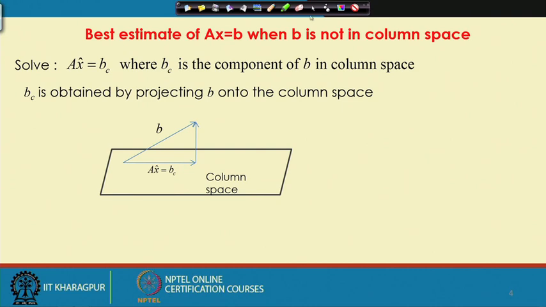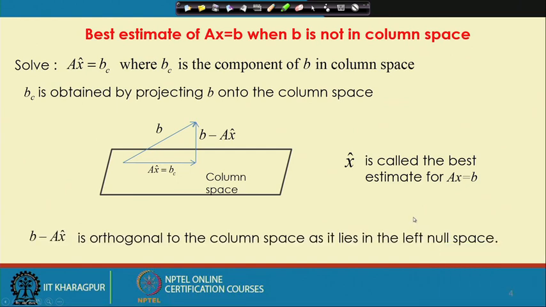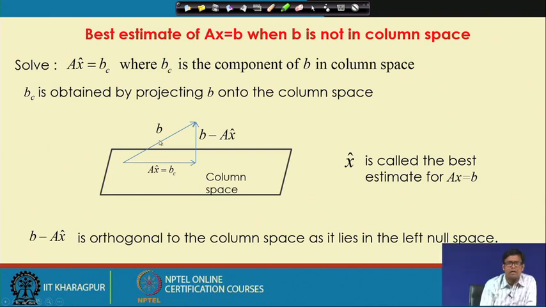So, now if I try to solve this equation, x tilde is called the best estimate for Ax is equal to b, and b minus A x tilde becomes orthogonal to the column space. A x tilde, or b c, is in the column space, while b is the vector which is inclined to the column space. So, b c is its projection to the column space. Therefore, b minus b c is the part which is perpendicular to the column space.